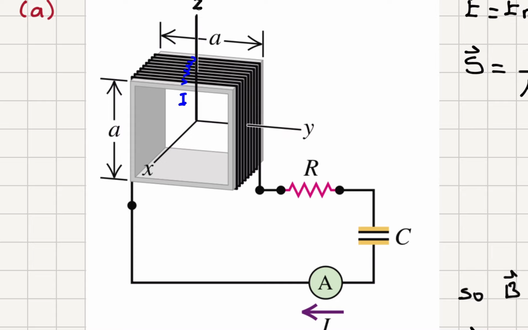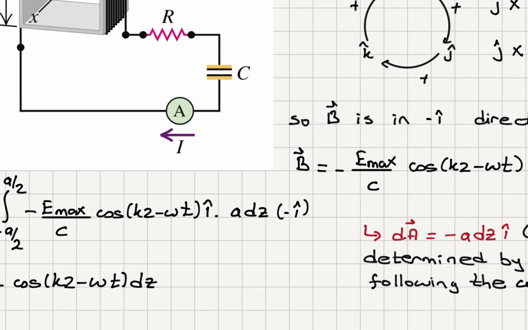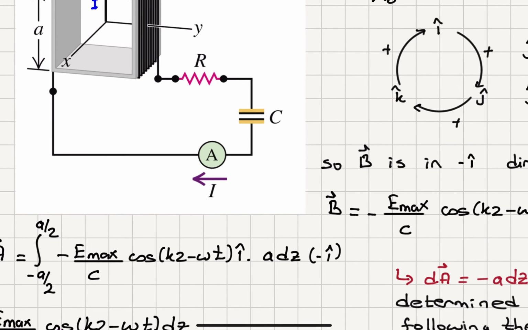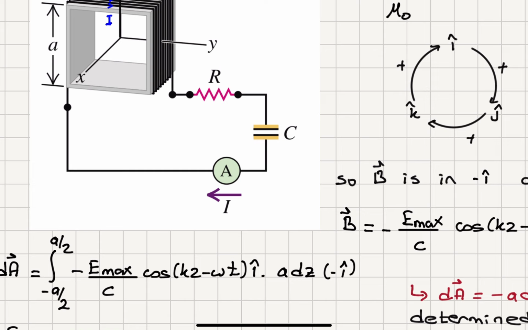I see that it would imply a current flowing in the clockwise direction, and in that case the area vector is in the minus i hat direction, which is the direction given in the schematic drawing of the setup.